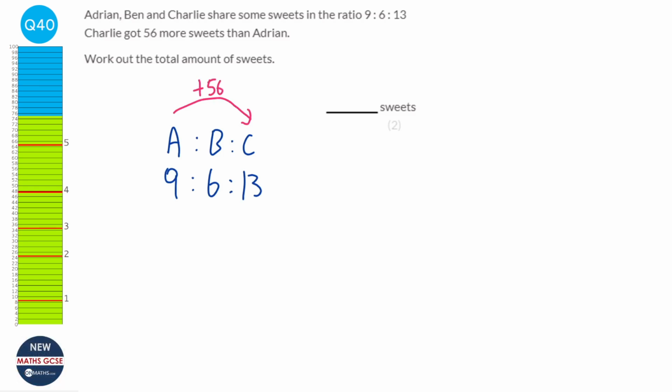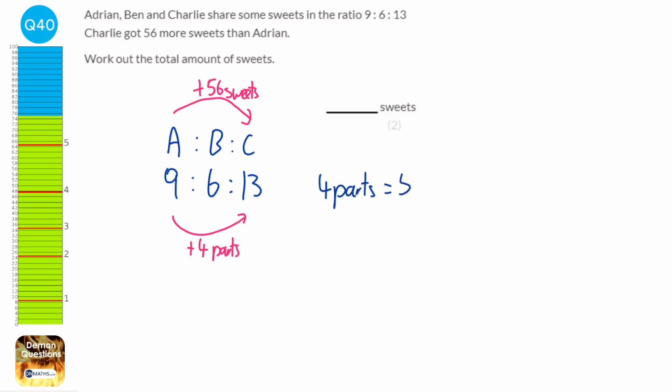Looking at the parts of the ratio, there are 4 more parts, which represent 56 sweets. So 4 parts are worth 56 sweets, so 1 part would be 56 divided by 4, which is 14 sweets.